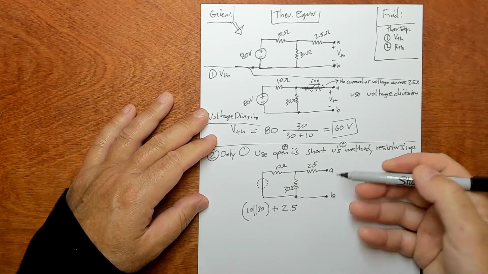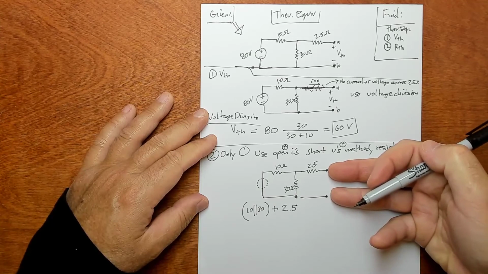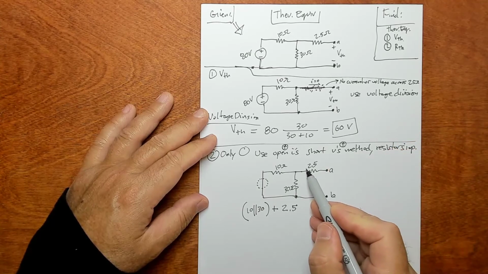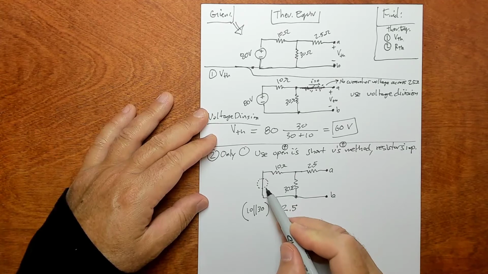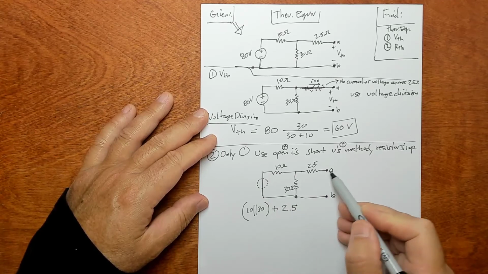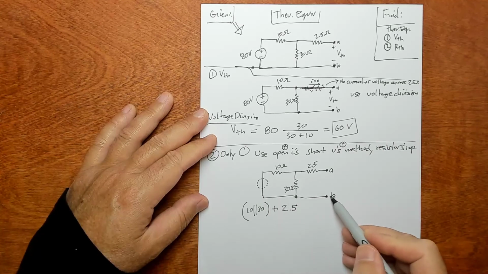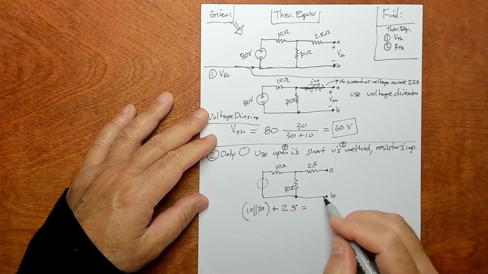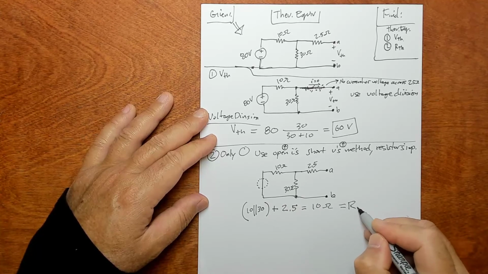So if you were looking at AB here, looking for the resistance, you'd have 2.5 ohms, and then you'd have the equivalent parallel. So it's 2.5 in series, and then the 10 and the 30 in parallel, and then back to B. So this works out to 10 ohms. So that's our Thevenin. This is R sub Thevenin.